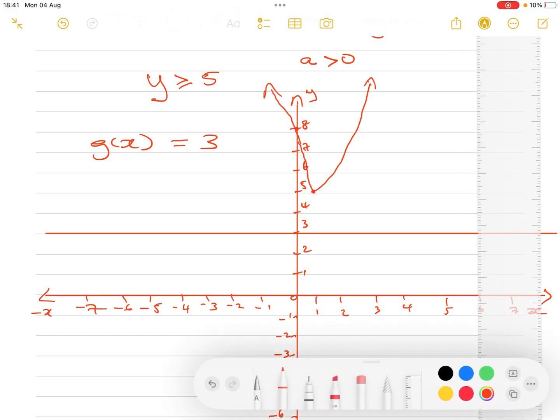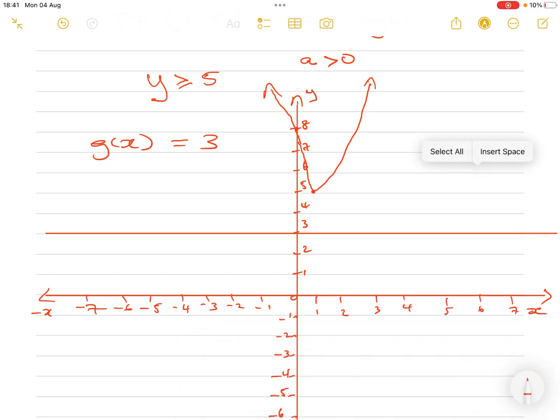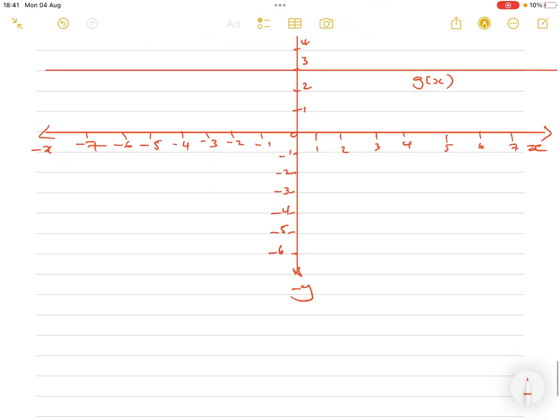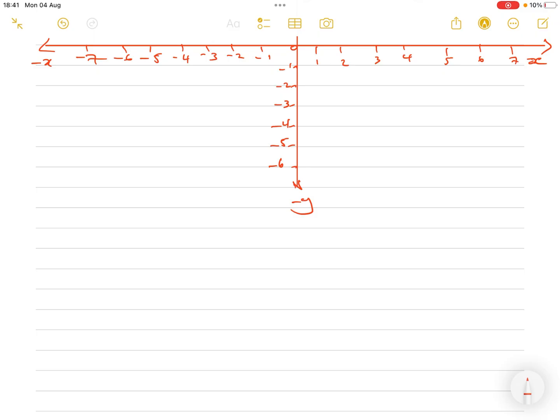So if you look carefully here now, how can it be possible for f of x to be equal to g of x? This is f of x, this is g of x. So the question is, is it possible for f of x to be equal to g of x? No, it's not possible.